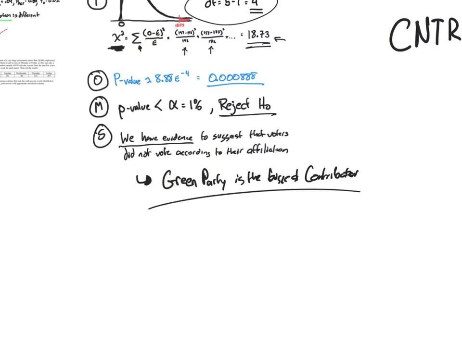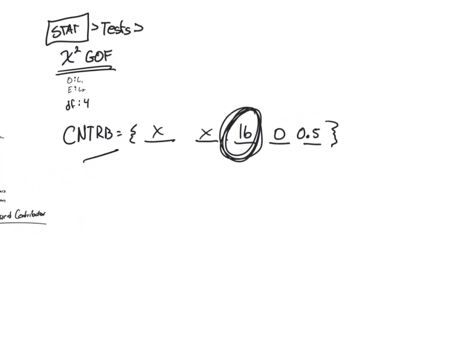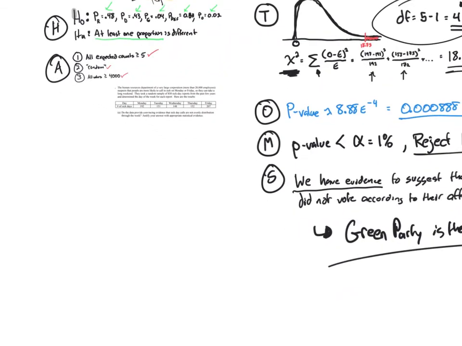Right? Green Party. Again, how do I find it? Look at the contributions, whichever number is listed. And these are for each of the 5 categories. Whichever one's the biggest contributor, it is leading to the rejection of the null hypothesis there. Okay, that's just some good side information.